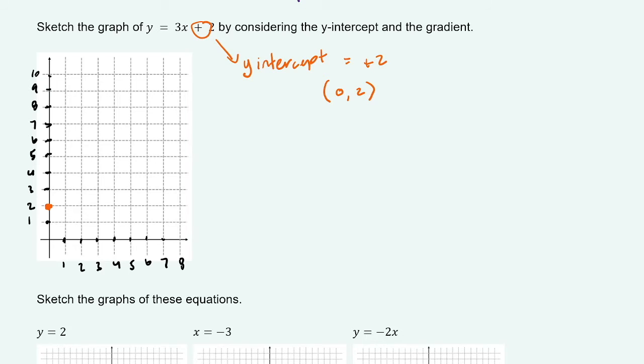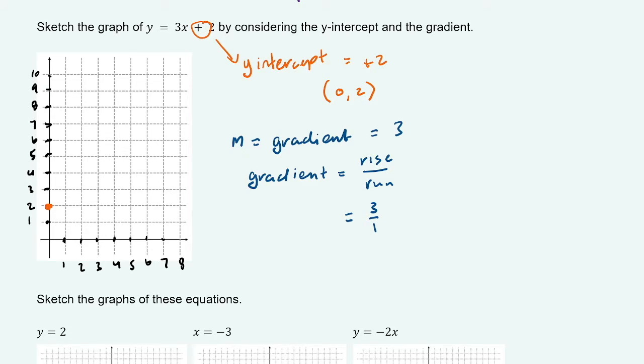Alright, now for our gradient, so our m part. If we remember that gradient equals rise over run, and that any number on its own, for example 3, can be written as a fraction as 3 over 1.